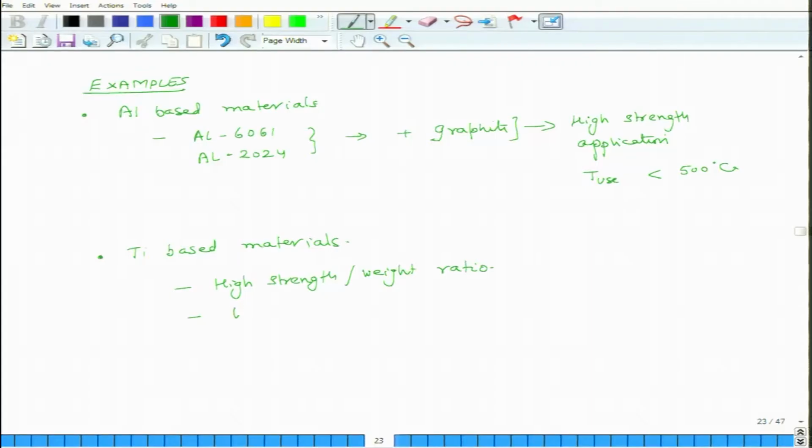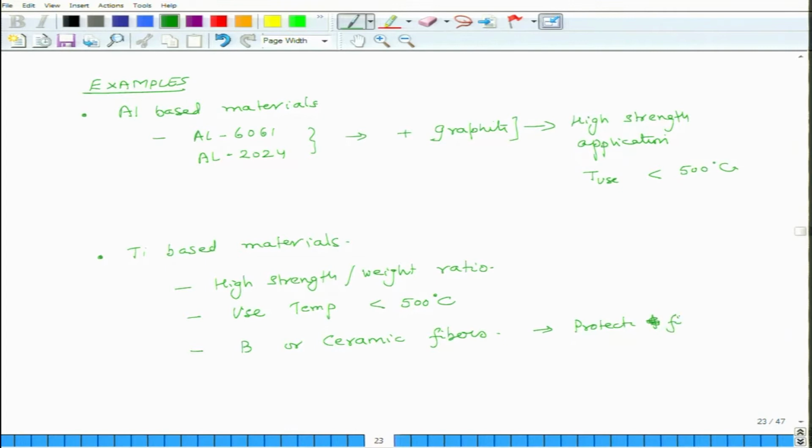Use temperature can be as high as 500 degrees centigrade. A lot of times you use titanium based materials with boron or ceramic fibers, but again boron interacts, or silicon carbide fibers. So, again you have to have protection against reaction.